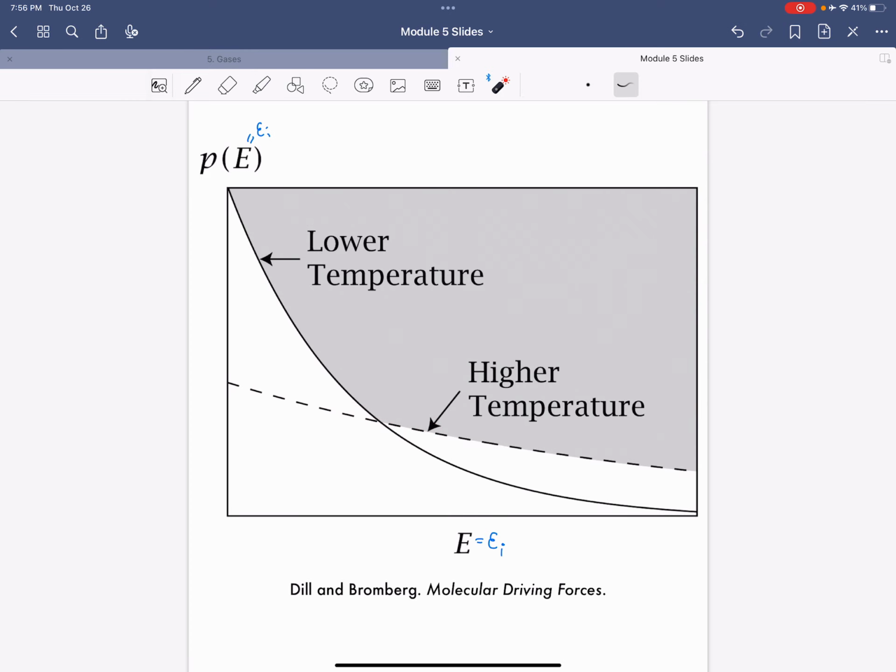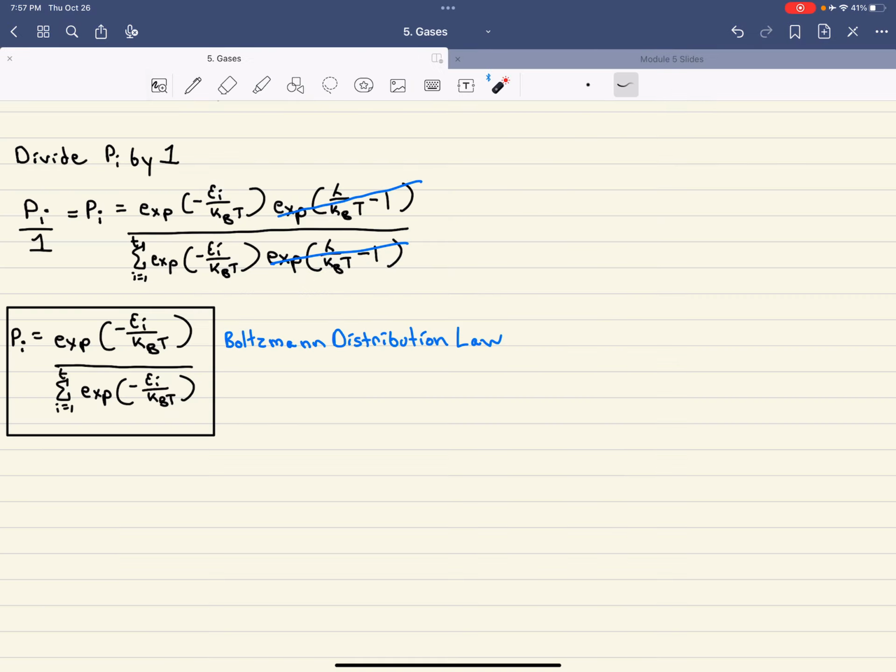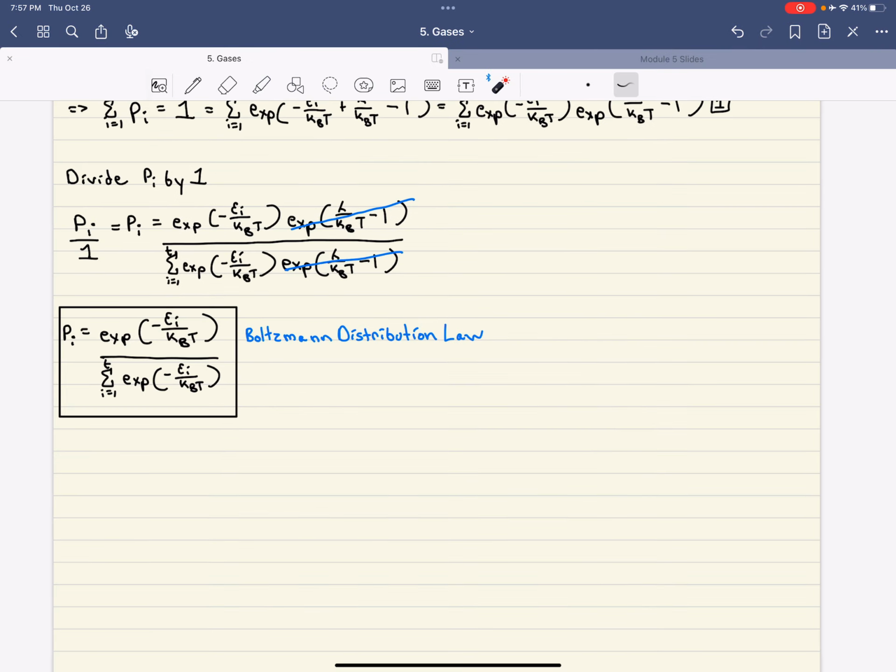And so it means there's a higher probability it's in these higher energy levels. That's the power of the Boltzmann distribution law. We're taking a very simple system with particles that can exist in discrete places, and we can describe the probability distribution of these particles. Now, with the Boltzmann distribution law, I want to break it down a little further.